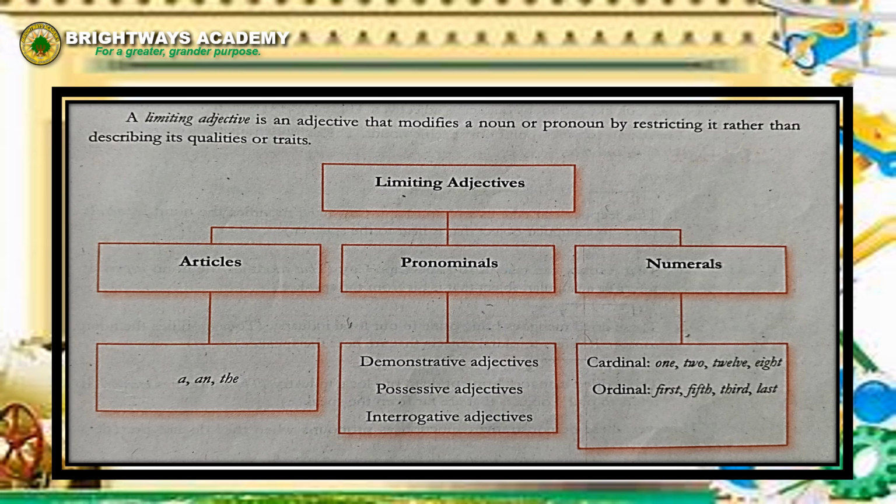Articles use a, an, and the. Pronominals are demonstrative adjectives, possessive adjectives, and interrogative adjectives. And the numerals: cardinal, which is 1, 2, 12, 8; and ordinal, which is first, fifth, third, last, and so on.